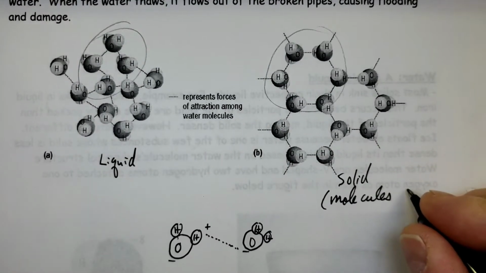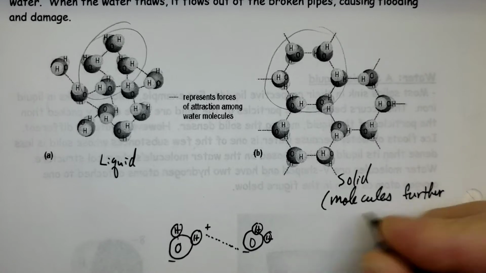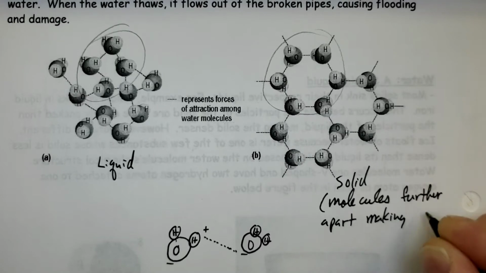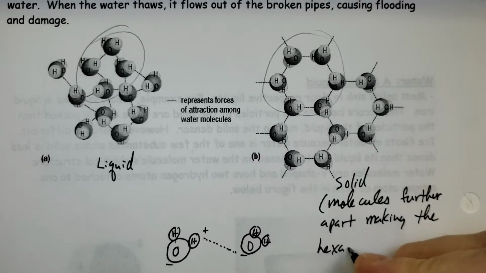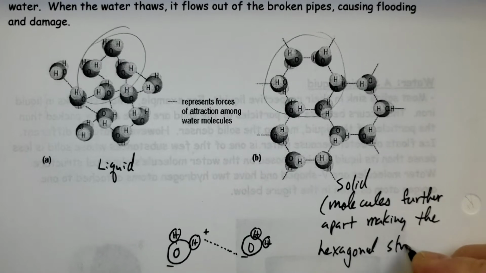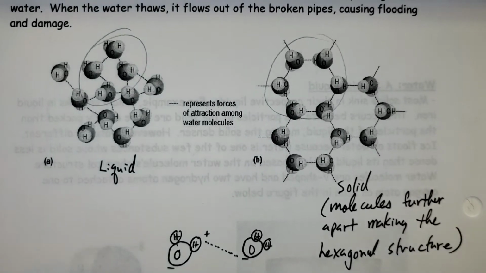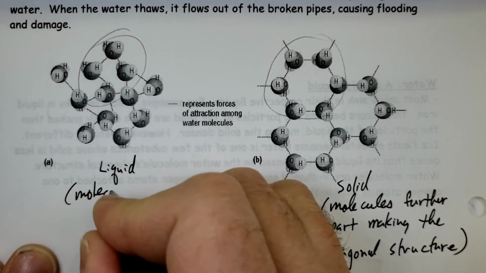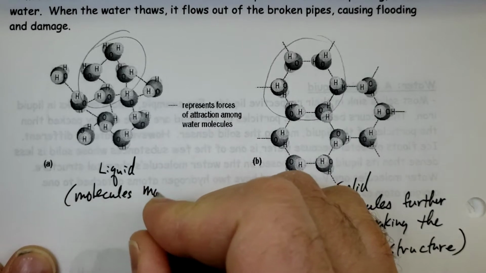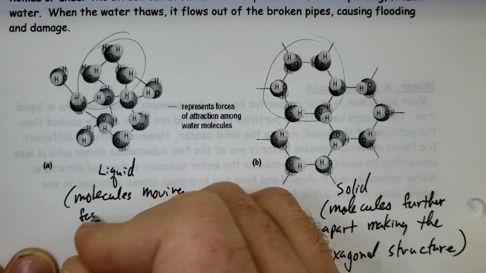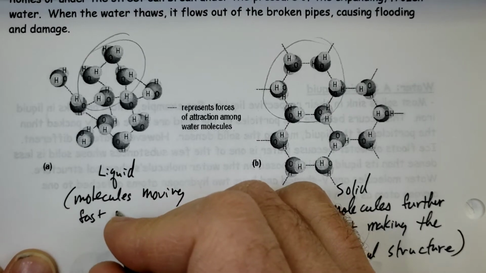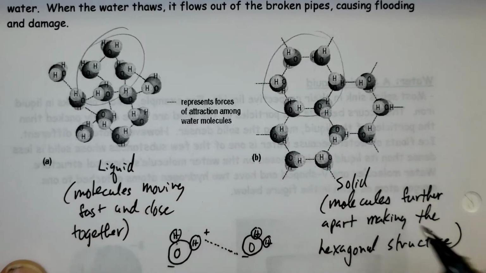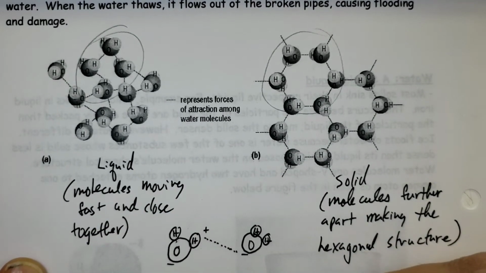So we can write molecules further apart, making the hexagonal structure. Whereas over here, we have moving fast but still close together. Molecules further apart making hexagonal structure.